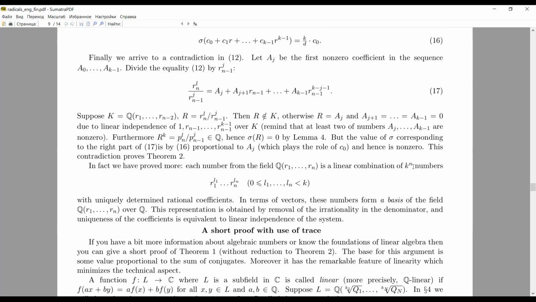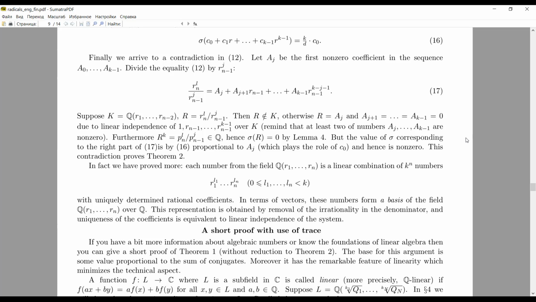R is the left hand side, and we note that R doesn't belong to k, because otherwise, in view of the linear independence of the radical r_{n-1} and its powers, we get that R equals a_j and the other coefficients equal 0. And that's impossible, because we have at least two non-zero coefficients.